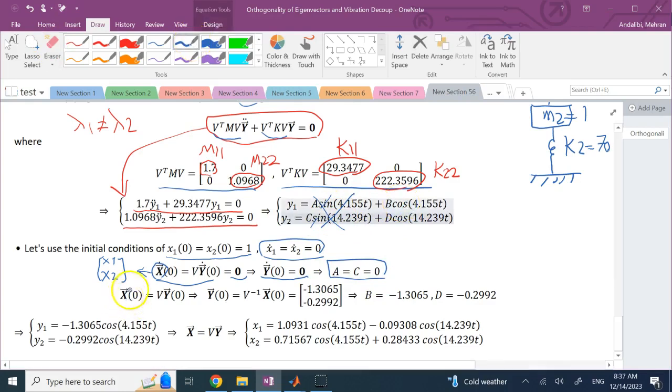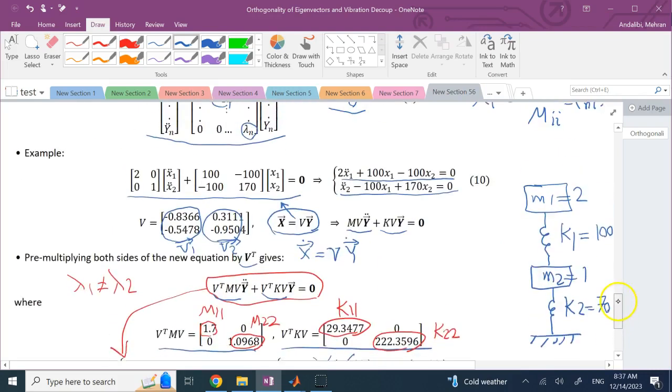Well, the vector x at time 0 equals v times y at time 0. So y at time 0 is v inverse times x0. And x at time 0 is what? 1 and 1. You multiply this by v inverse. Remember what v was? V is this guy.